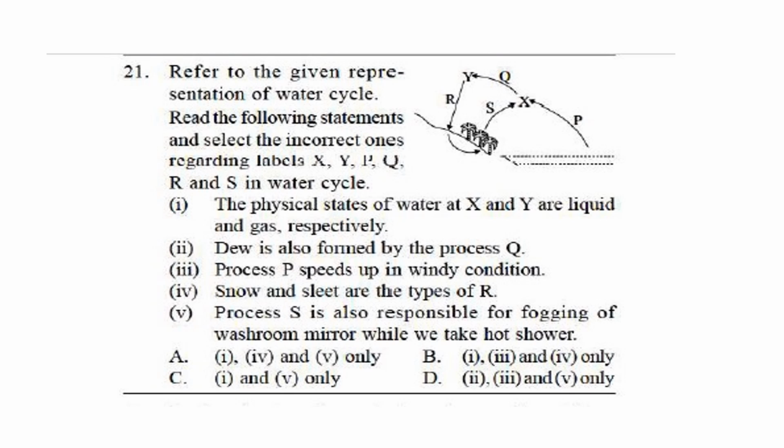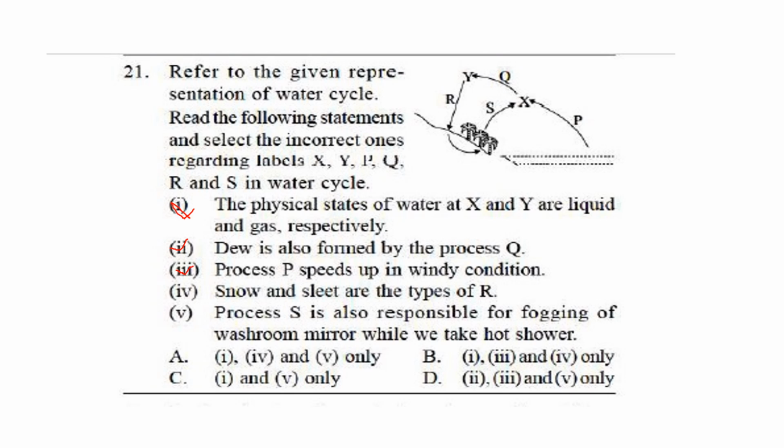Statement 1, that the physical states of water at X and Y are liquid and gas respectively, is incorrect because this is the evaporation process and X is gas. Dew is also formed, yes, this is correct. Process P speeds up in windy condition, this statement is correct.